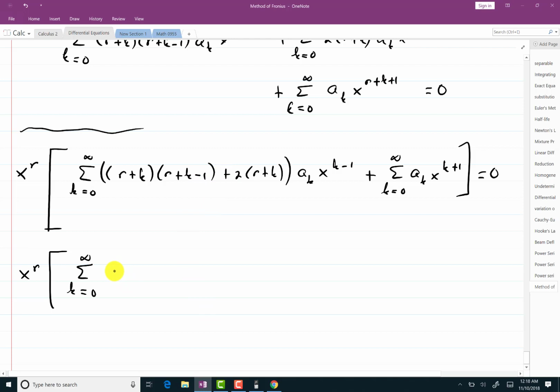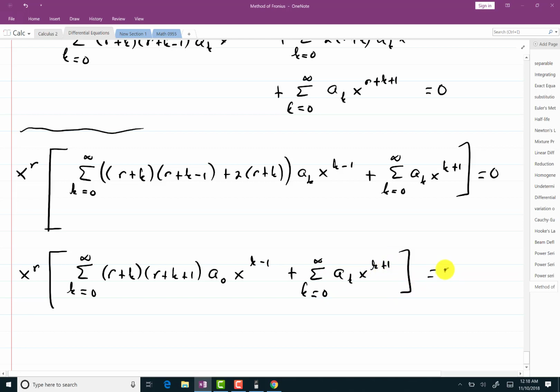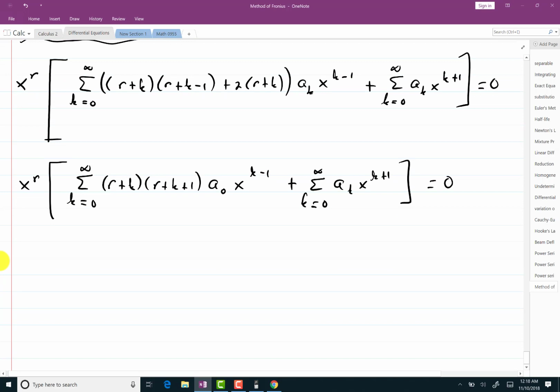So we'll have r plus k times r plus k plus 1, a sub k x to the k minus 1. Of course, some reindexing and releasing of terms is going to happen.